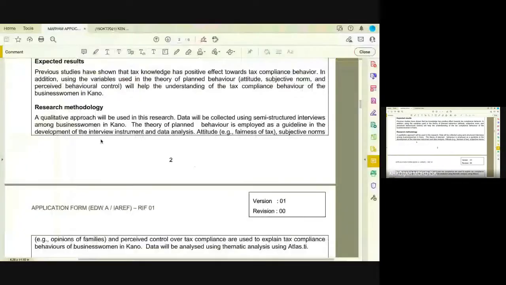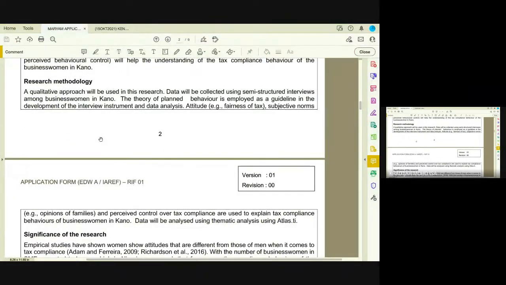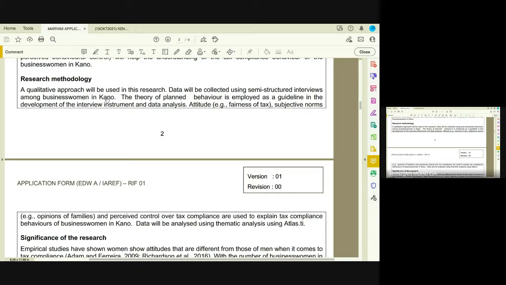So let's look at here. What is my research methodology? Qualitative approach, data collected using semi-structured interviews.